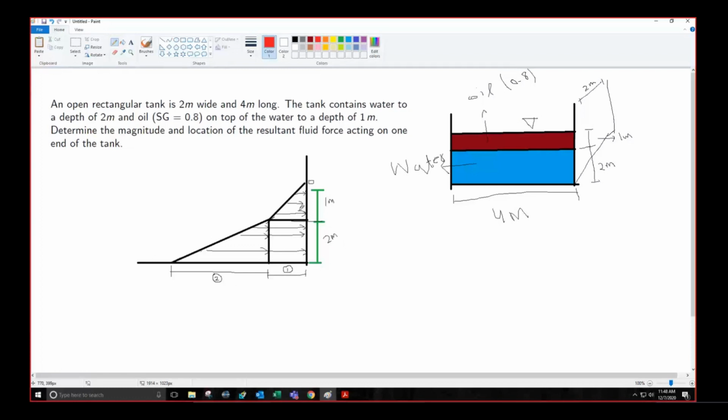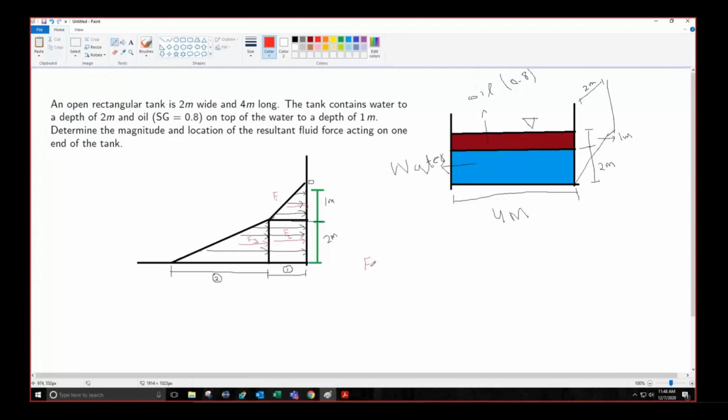We'll have basically 3 forces. One in this pressure prism as this red one as F1, then F2 here in the rectangle, and then F3 again in this third triangle. So the resultant force would be sum of these 3 forces.